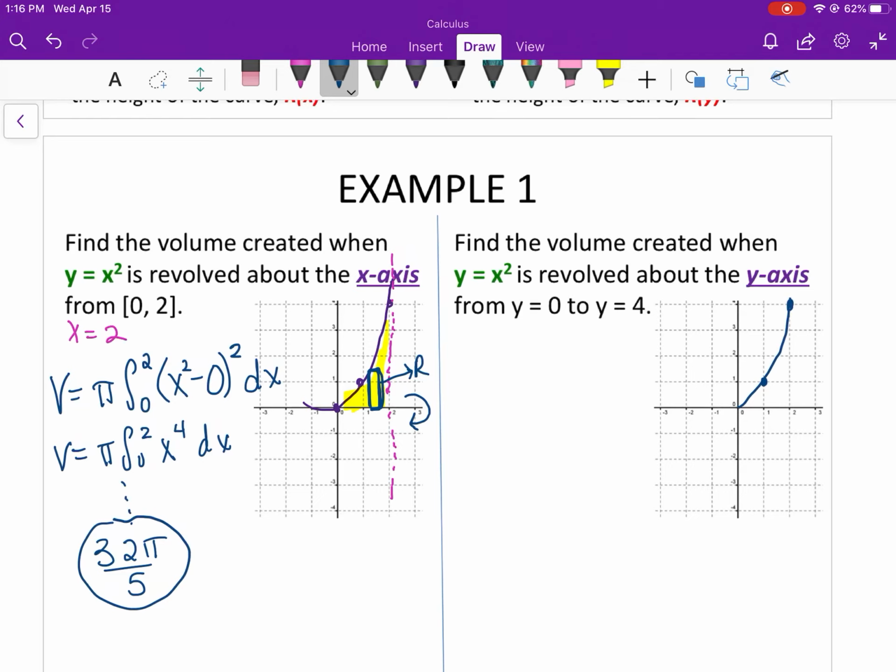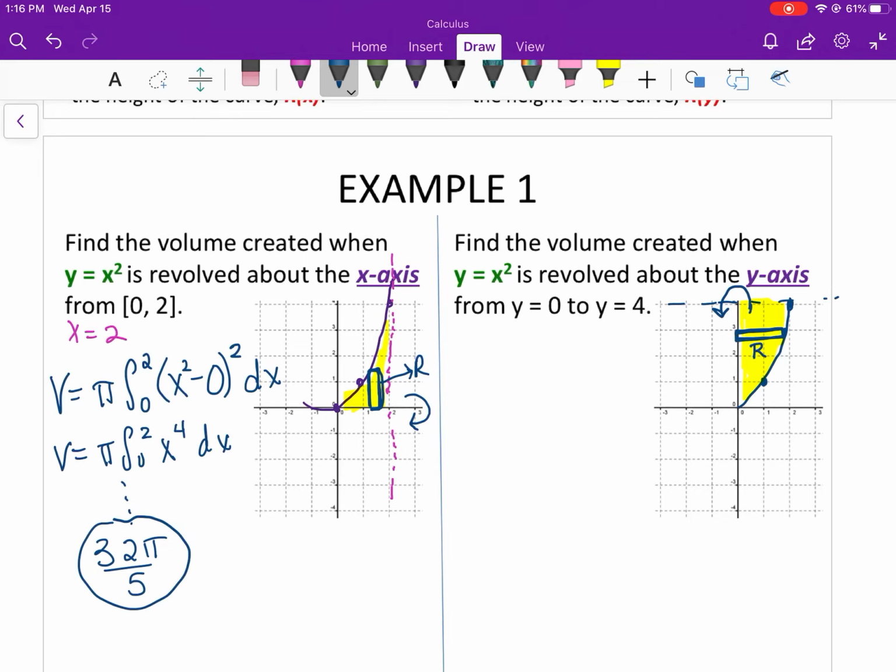Okay, from 0 to 4. So we're looking at this bounded region here again, and I want you guys to make sure that you highlight or shade it. You're going about the y-axis, so this is your axis of rotation. And remember that the rectangle is perpendicular to it.